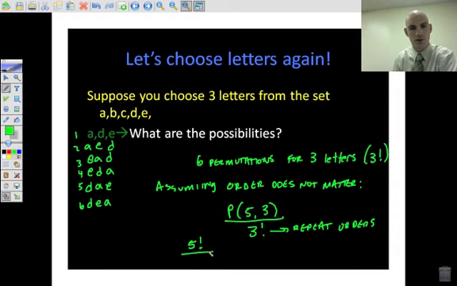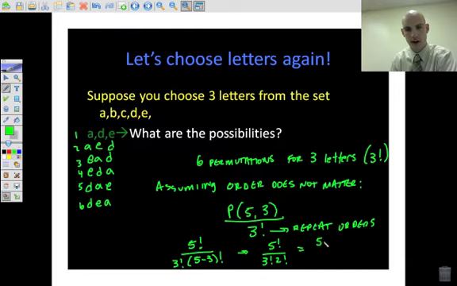So the math of it looks like this. It's 5 factorial over 5 minus 3 factorial. That's the permutation part. And also on the bottom we have 3 factorial. So it looks like this: 5 factorial over 3 factorial, 2 factorial. Okay? So that gives us 5 times 4 times 3 factorial over 3 factorial, 2 factorial.